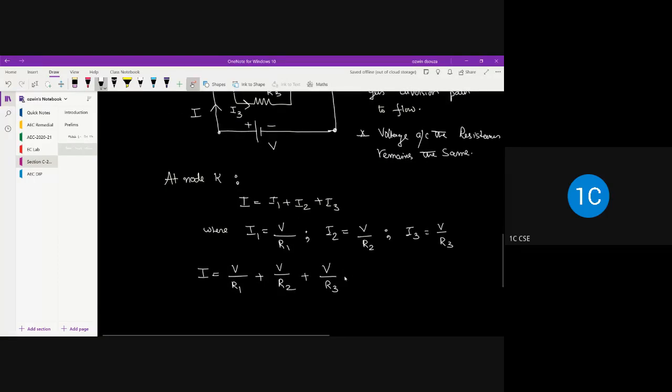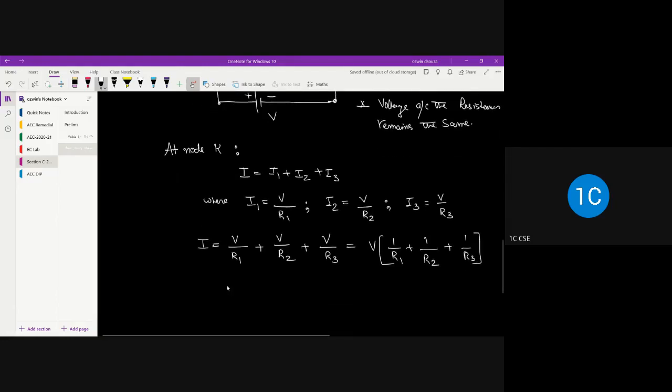You can see that voltage is common, so let's keep the voltage term outside the bracket. So we would get 1 by R1 plus 1 by R2 plus 1 by R3. Or we can write I is equal to V into 1 by R equivalent.